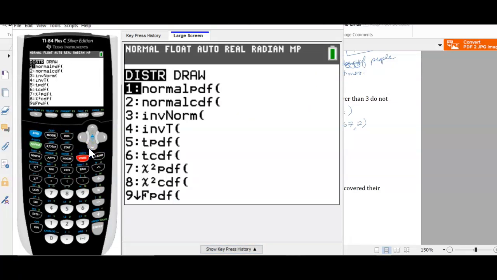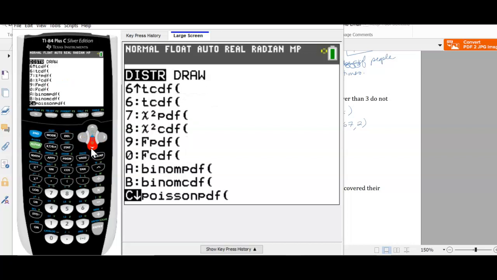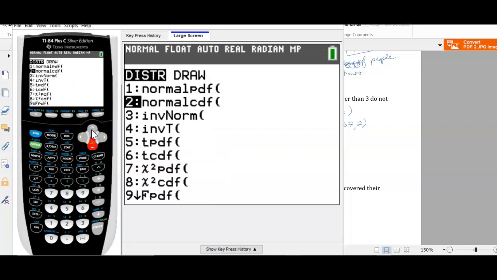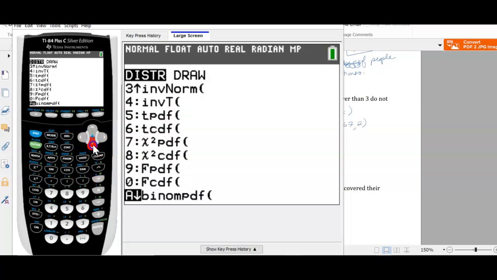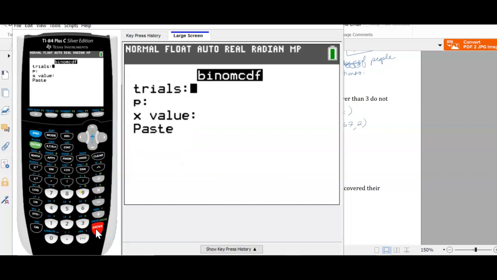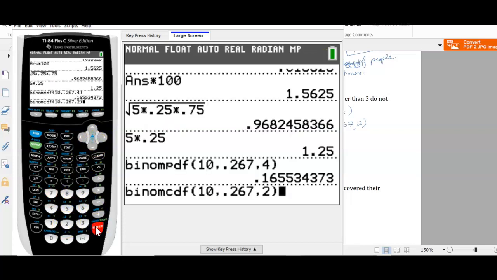go to binomial CDF. Oh, dang it. The computer has a little bit of a lag on it, so I pushed it too many times. Okay, binomial CDF. My number of trials was 10. My P was 0.267. X value again was 2. So I paste it.